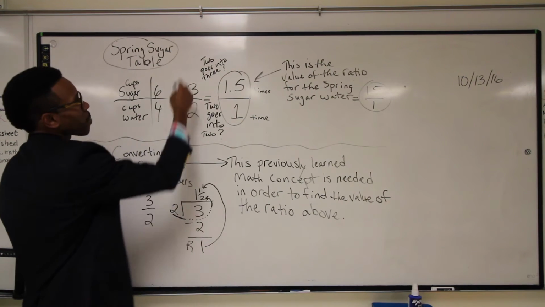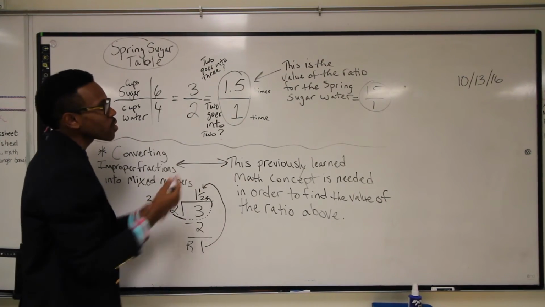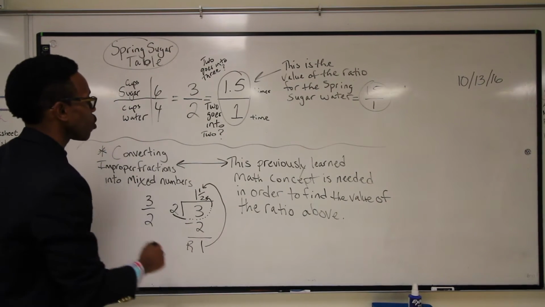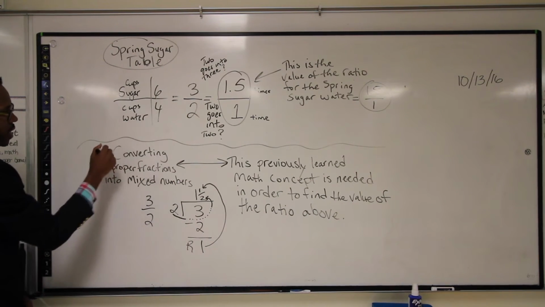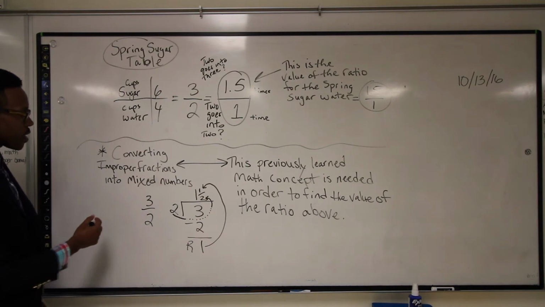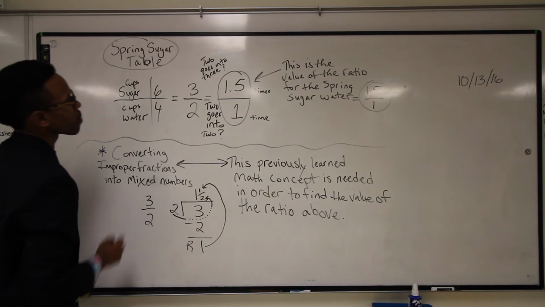Now that's the part that might get a little tricky. 2 goes into 3 how many times? It doesn't go into 3 an even amount of times. All right, so this is that prior learning concept that you may have learned in 4th grade and 5th grade. It's converting improper fractions into mixed numbers.